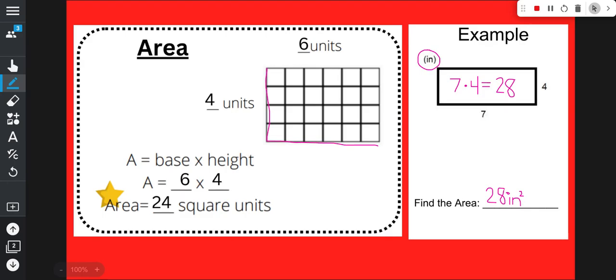You could write out square and then inches, or you can abbreviate and write sq. in., because that would represent the square abbreviation and the inches abbreviation. All of those are acceptable, but the one that I wrote under find the area would be the easiest or quickest one, as long as you put the exponent behind the unit, because we're squaring the unit, not the number.